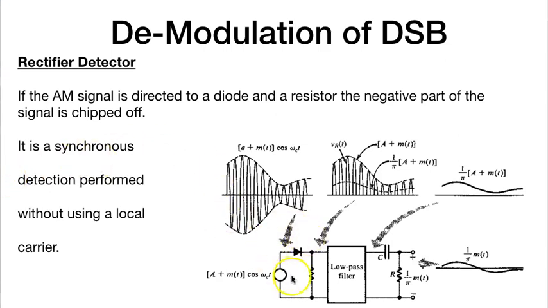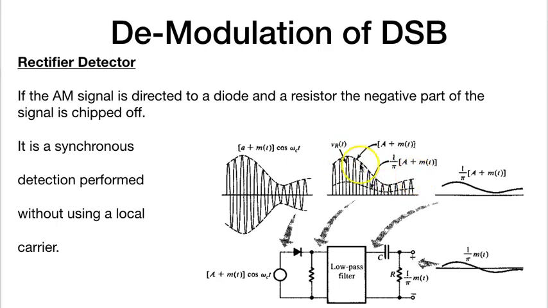Rectifier detector is a diode detector with a low pass filter and a CR circuit. You can see with the help of the diode, the waveform is chipped off. When it is chipped off and only the positive half is present, then the variation in the signal amplitude contains the information.